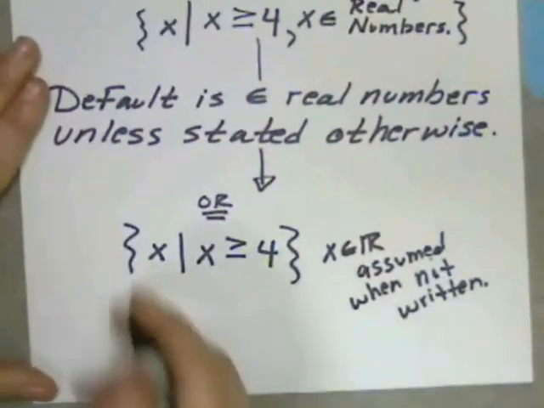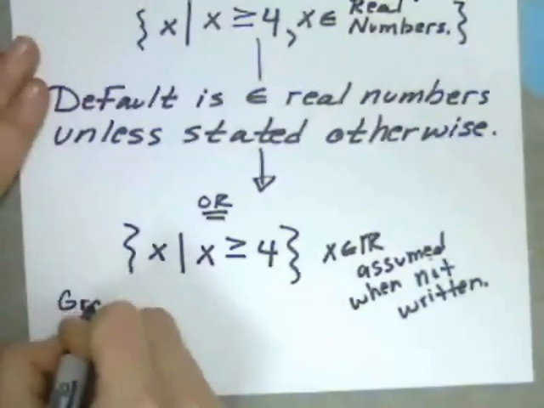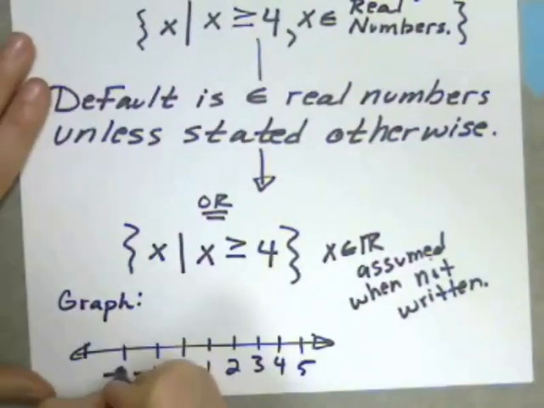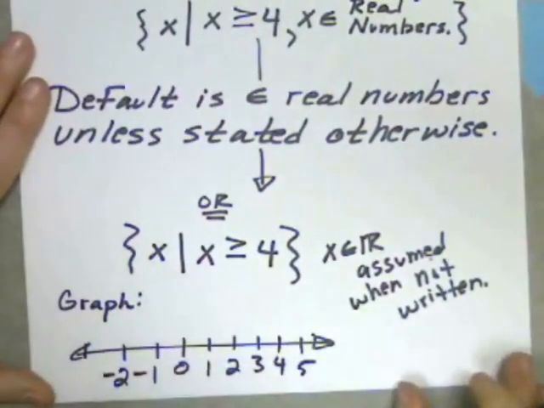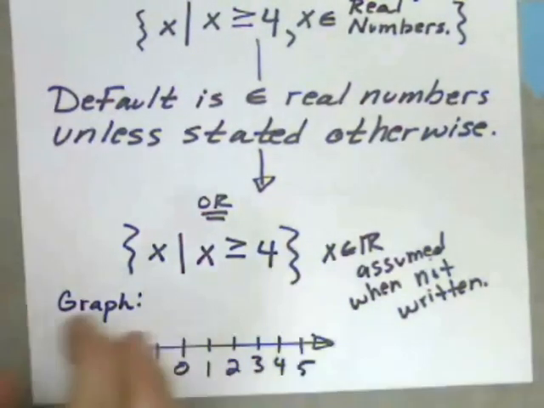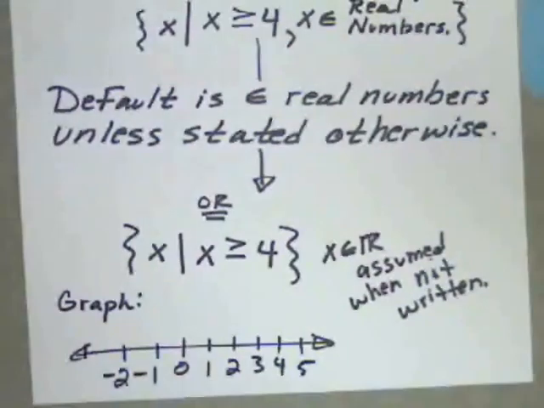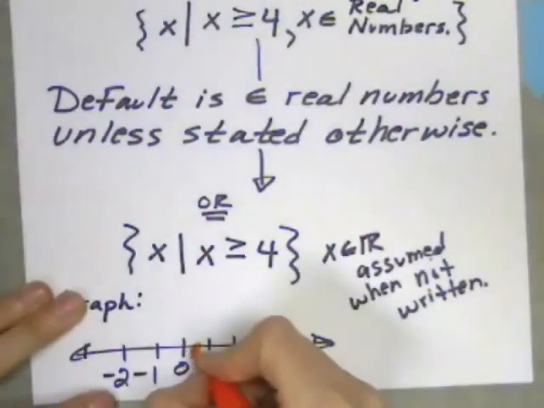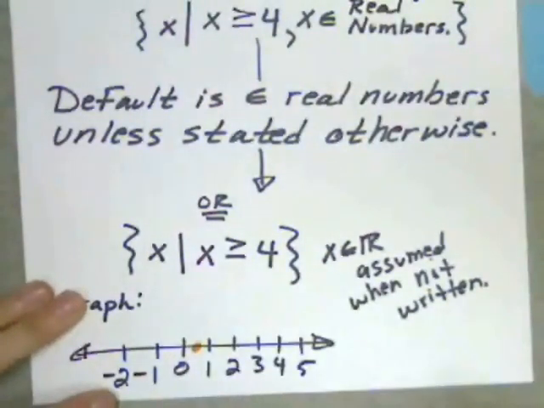If I wanted to graph this solution, I could actually put it on a graph very easily. So here's a number line. Again, going forever this way and forever to the left. And note for me that if I were to refer to a number, say right here, that's not an integer. It's not a whole number, is it?